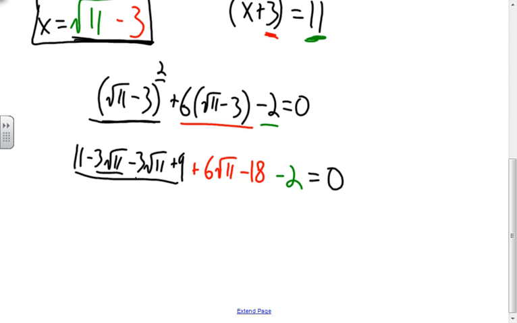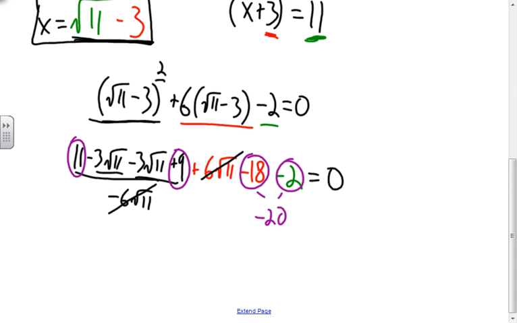When we combine these two, they become negative 6 roots of 11, which cancels out with our positive 6 roots of 11. Then we're left with 11, 9, negative 18, and negative 2. So if we combine these two, that's negative 20.